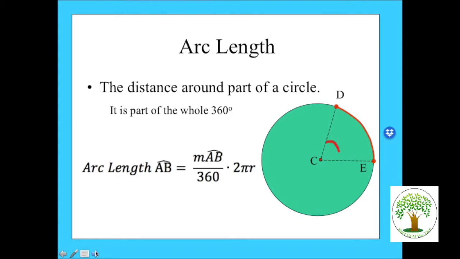So if I knew this degree measure and put it on top, divided by 360, I'd have the part of the circle that I want. So if I want to find the circumference of only part of it, it's called the arc length. I'll know that angle, put it here and divide it by 360, and that will be the part of the circle I want, and then just multiply it by the 2 pi r that I have.